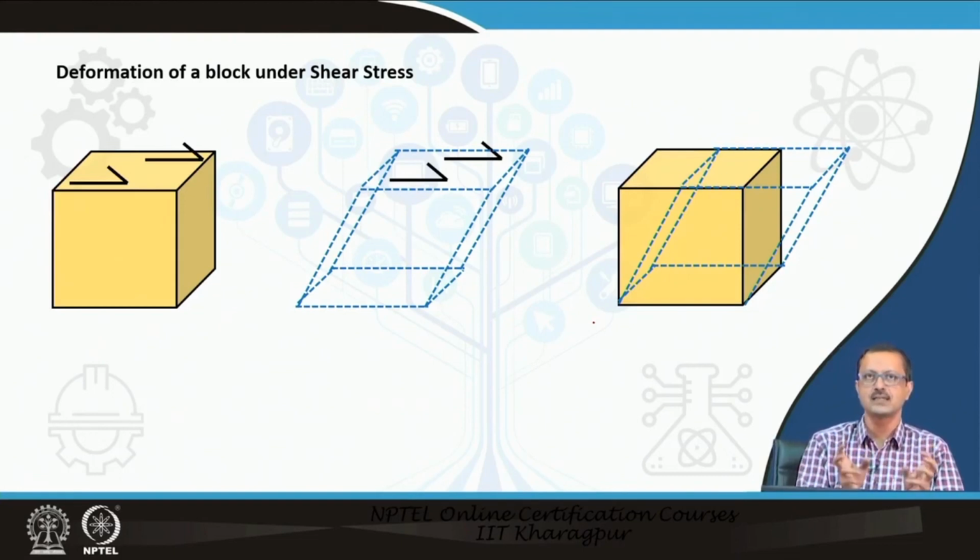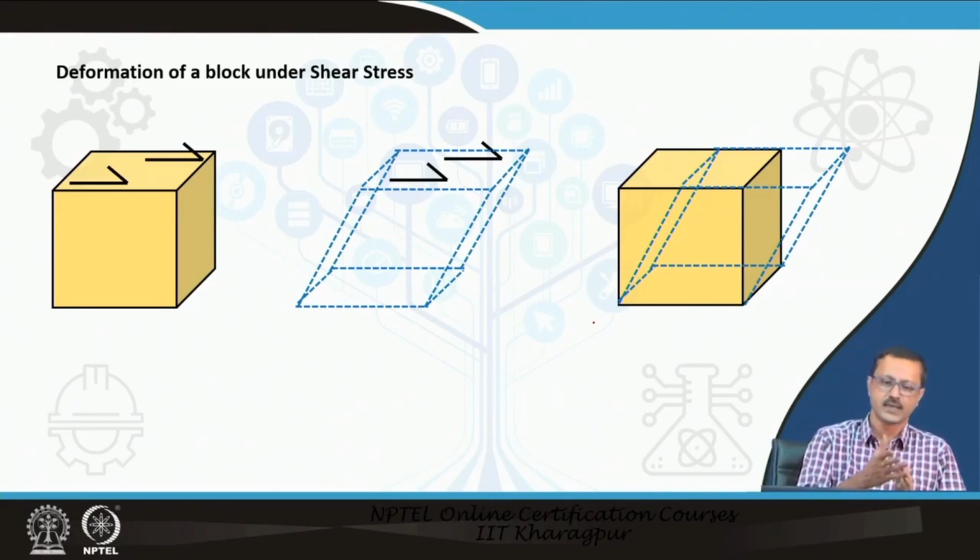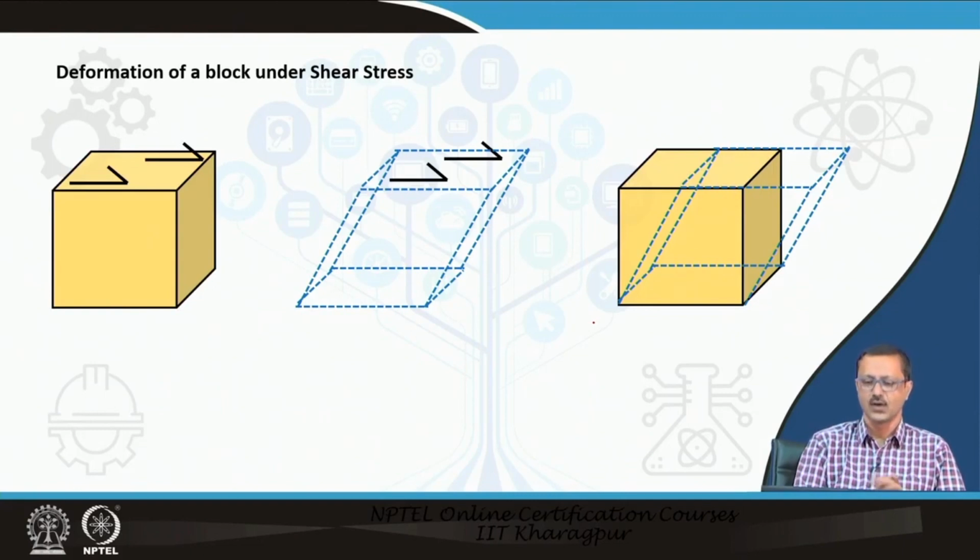So it has some original shape, and after the application of the load it is deformed from its original shape. If I can measure these two changes, from the original to the deformed body, and if you measure the stress on this particular surface, we can find some modulus of shear strain versus the shear stress. So, some shear modulus we can define.